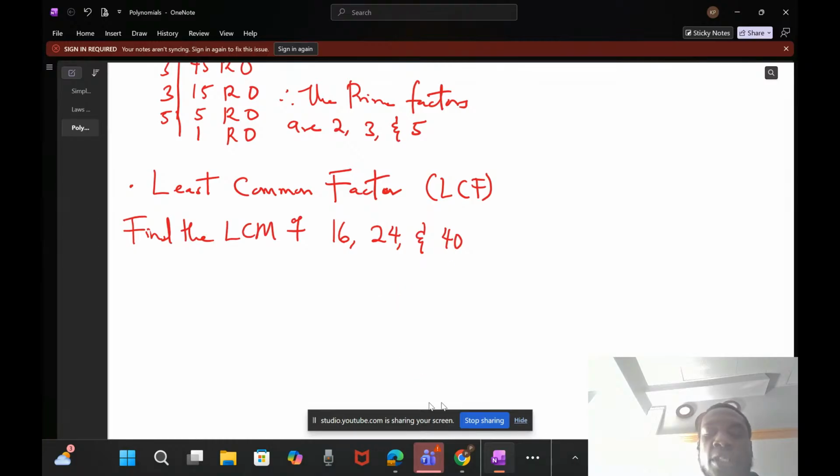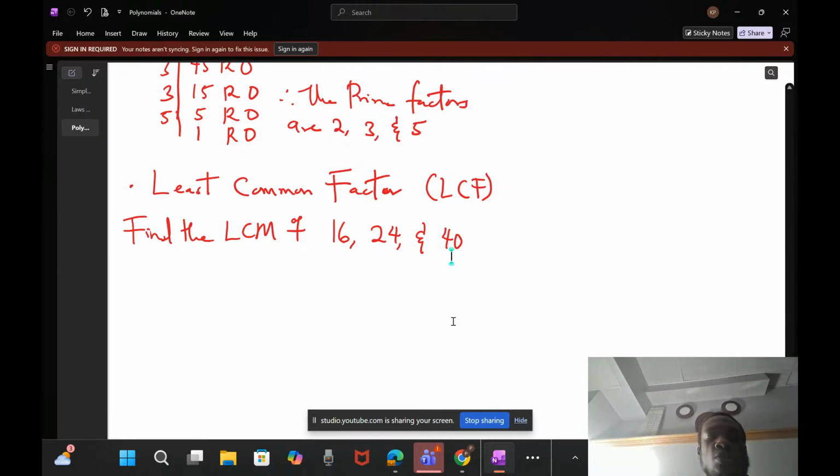What we are trying to do is divide all the numbers until the last one gets to 1. Even if we divided 16 and 24 to 1 and we have not divided 40 to 1 here, we keep going. Then we'll multiply all the product of the answers to get the LCM. The way I like to do it is that I draw a table like this.